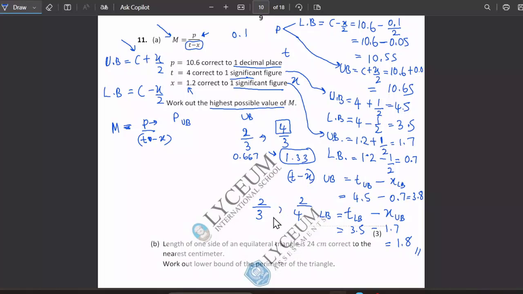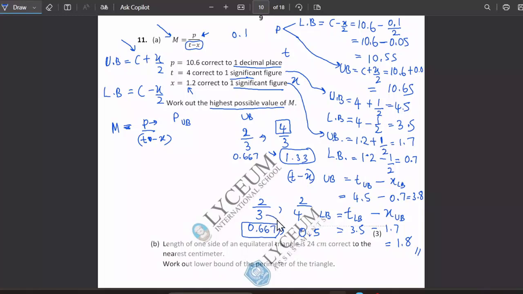Now I will make the numerator same and use two denominators. Now considering these two, let's see which gives us the largest value. This gives us 0.667. This gives us 0.5, because this is 1 over 2. Now you can see this one is the largest value.